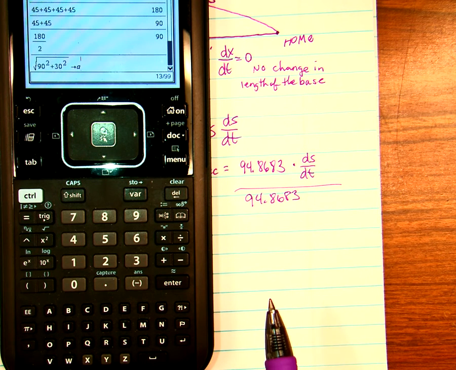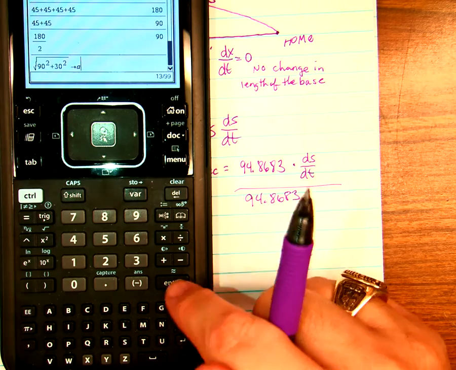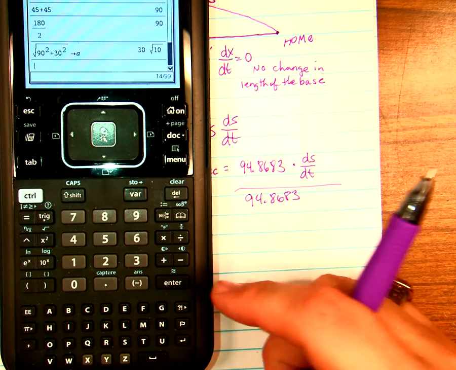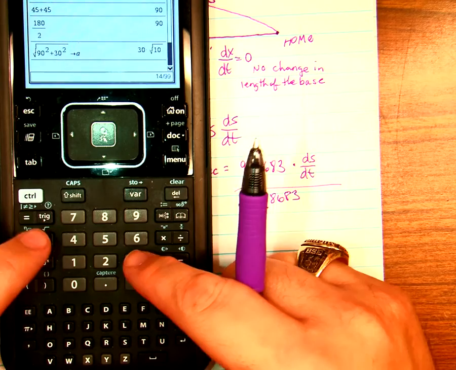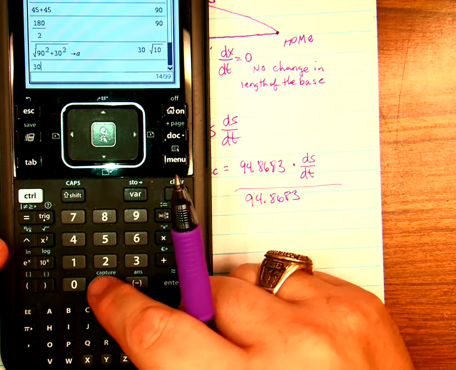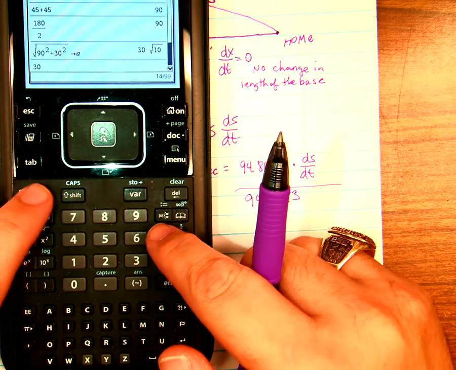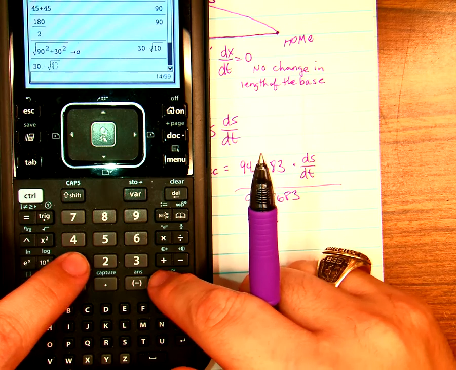You hit enter and you get 30 times the square root of 10, which if I did 30 point times the square root of 10, there's your 94.8683.